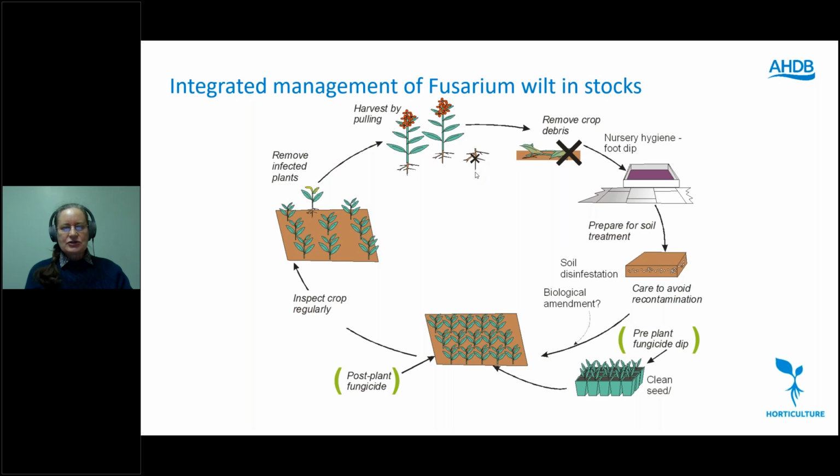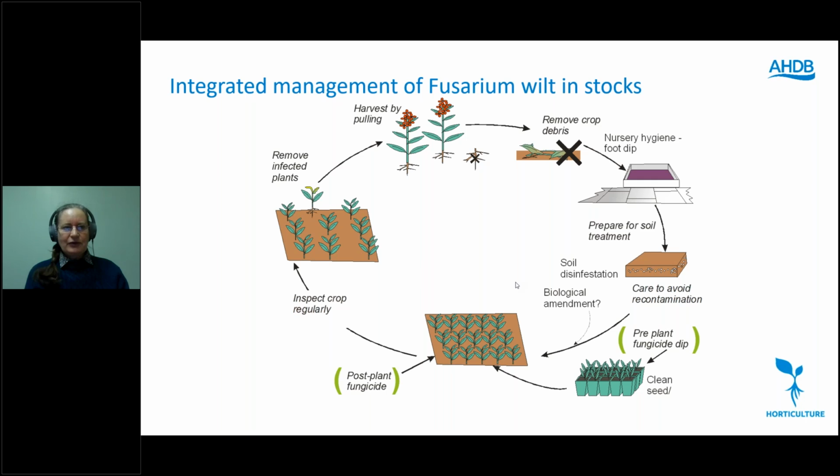When you come to harvesting, to remove the whole crop if at all possible. And if not, then if possible, remove the debris. And I'll be showing you a slide about that in a minute. And of course, general nursery hygiene. And if you do all these first steps, you may not actually need to get to the soil disinfestation need.